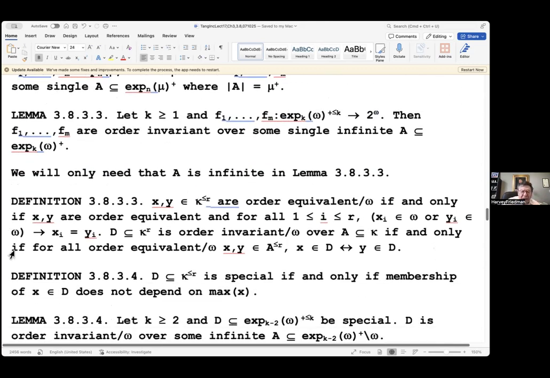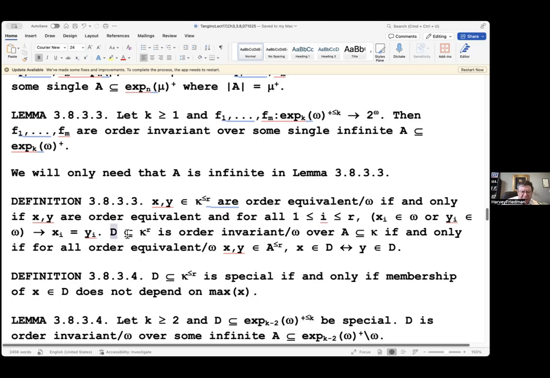Okay, and now here's the main notion that we need in order to do this usability that we want. Order equivalent over omega means that whenever two vectors are order equivalent over omega, if they're order equivalent and the places where they're less than omega are the same places with the same numbers.